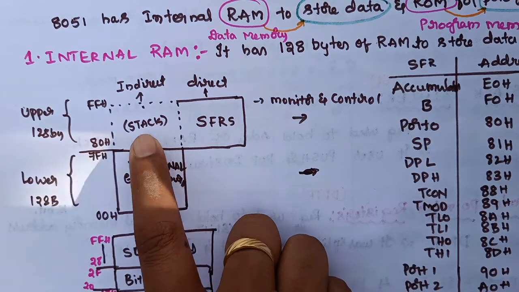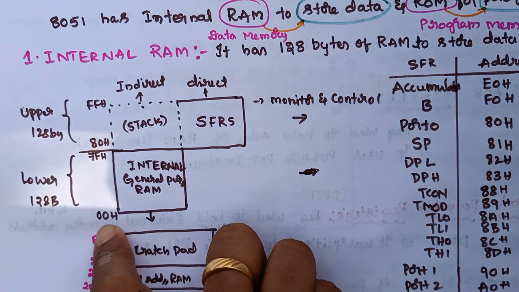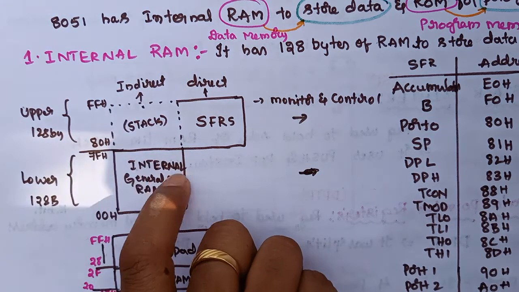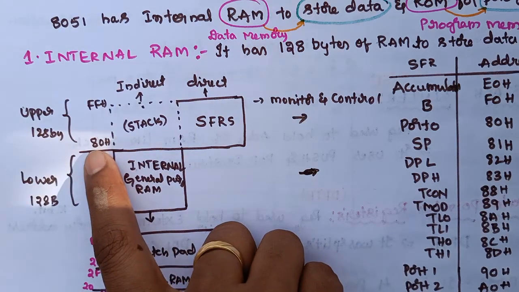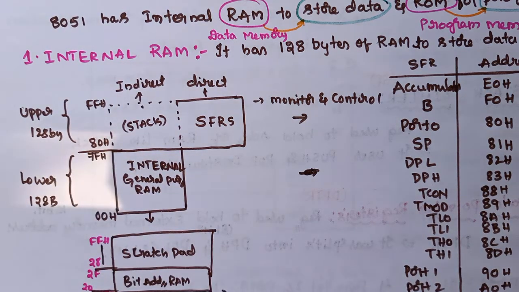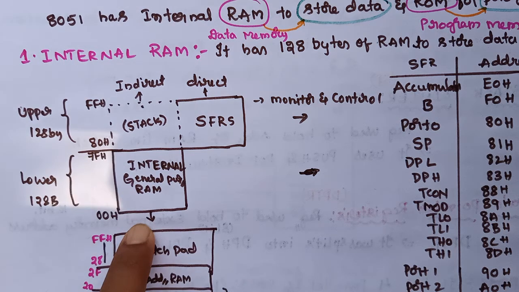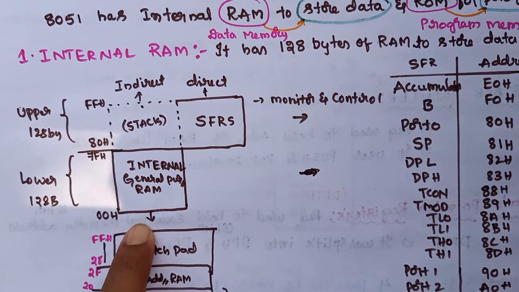That is, 00 to 7F is used for general purpose RAM or working registers, and 80 to FF locations can be used for the special function register application or stack application. Here we can define the memory locations of the RAM.